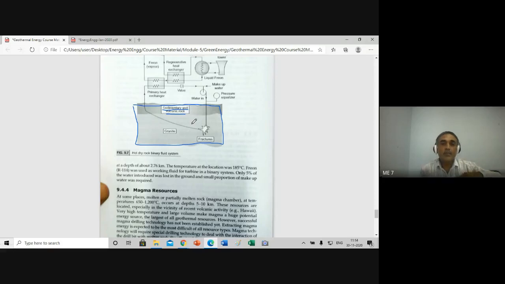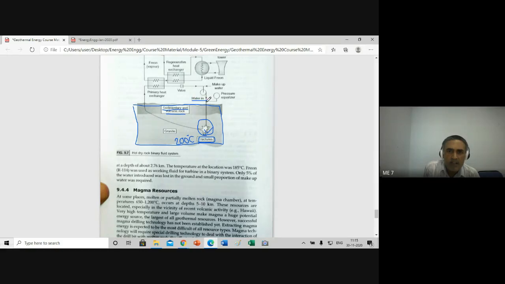Rock means impermeable. Here the temperature will be 200 degrees Celsius. So there will be a fracture. This is a fracture.